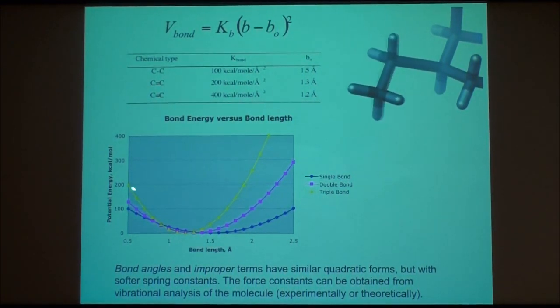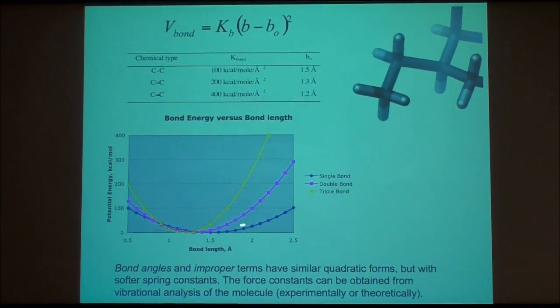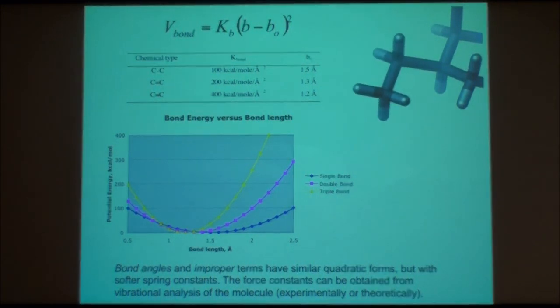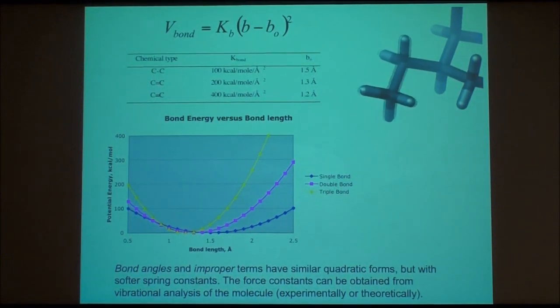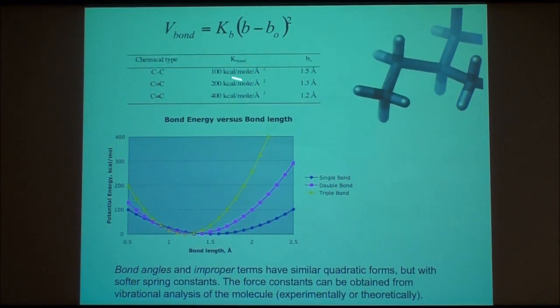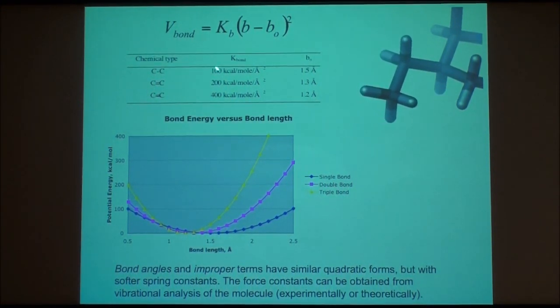As expected, a single bond would have a shallower potential energy shape compared to a triple bond, and the position of the minimum is shifted to the left as you go from single bond to double bond to triple bond. Still, 100 kilocalorie per mole per angstrom is a pretty strong, stiff force constant.